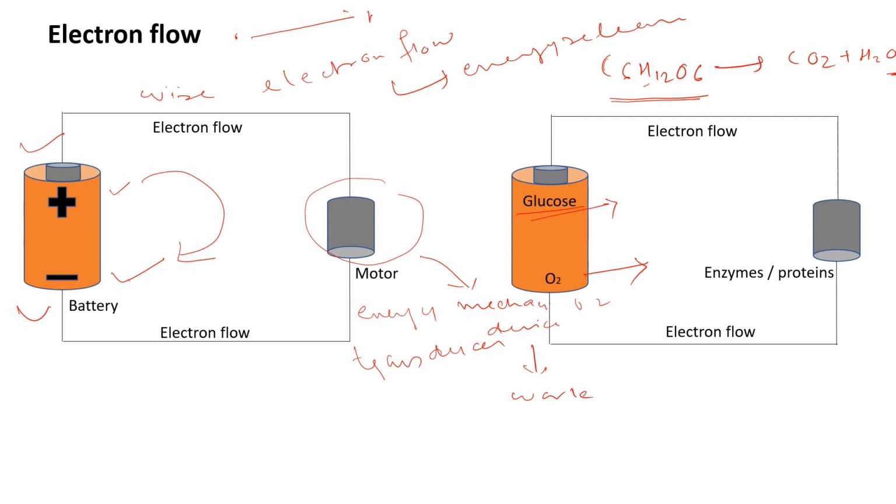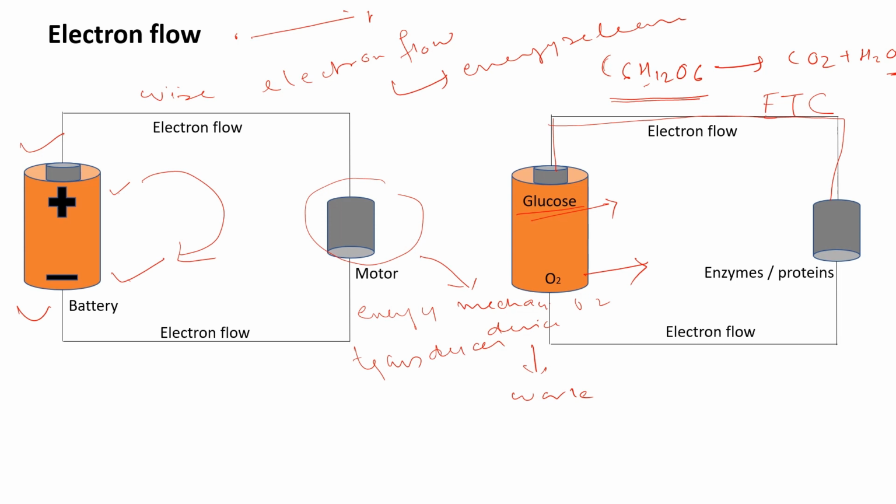In a biological system, this path of electron flow is known as the electron transport chain, which is transporting the electron. In a non-biological system, it is a wire. In a biological system, this wire is an electron transport chain, which transfers electrons from one compound to another, or from one electron donor to another electron acceptor.